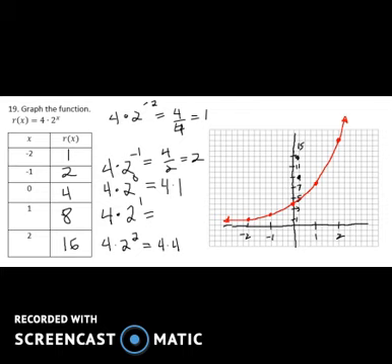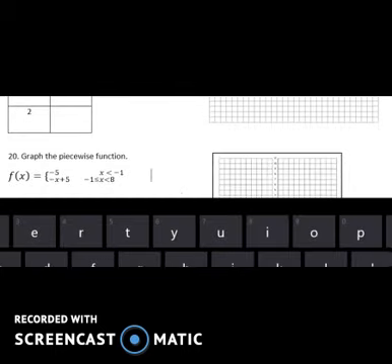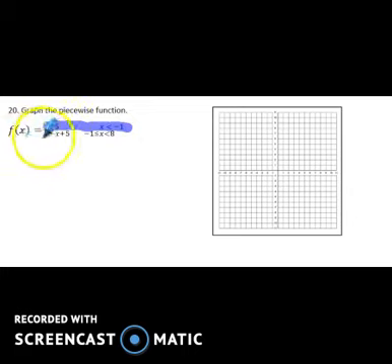All right, one more question. Let's look at the piecewise function. So we have a couple pieces to think about. We have to graph y equals -5 for x values less than -1. And we have to graph -x plus 5 for x values in between -1 and 8.